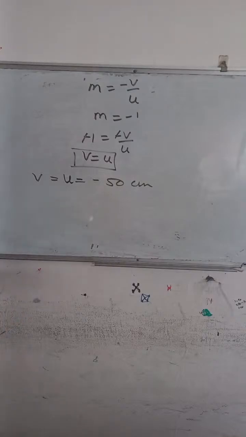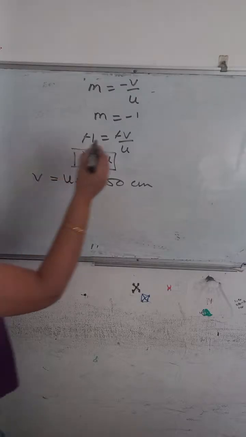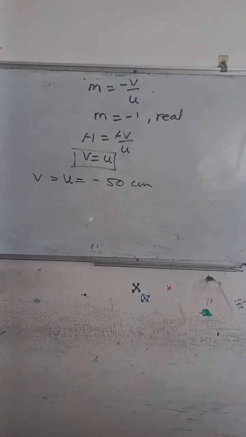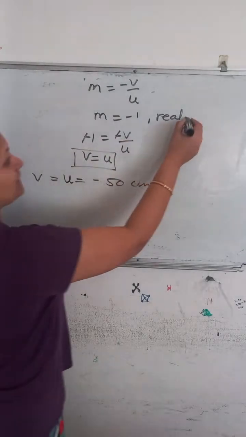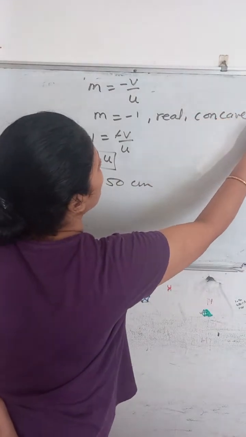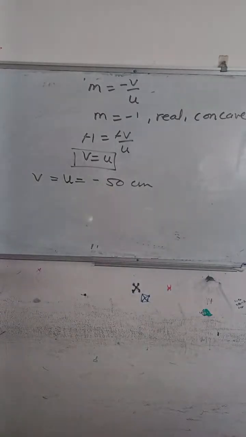Because we proved here U and V distances are same. They are asking first question, write the type of the mirror. As magnification is negative, so image formed is real. Always remember, whenever the magnification is negative, then image formed is real. And in that case, we can say that it is a concave mirror. It's very important. It's a concave mirror.